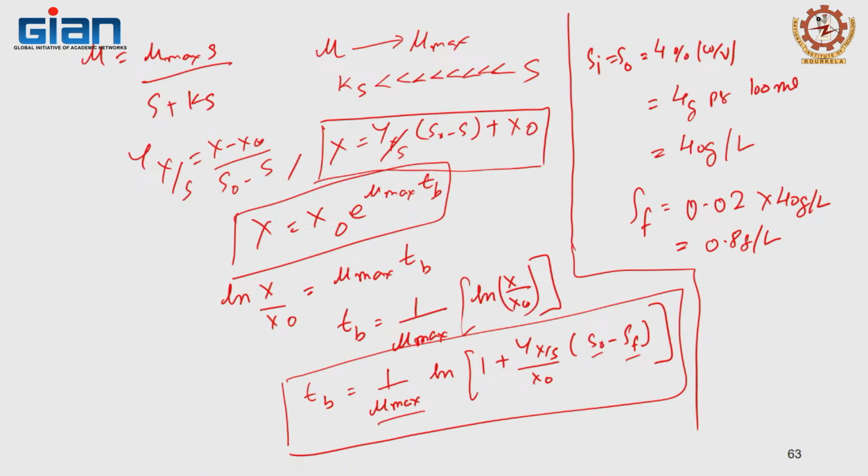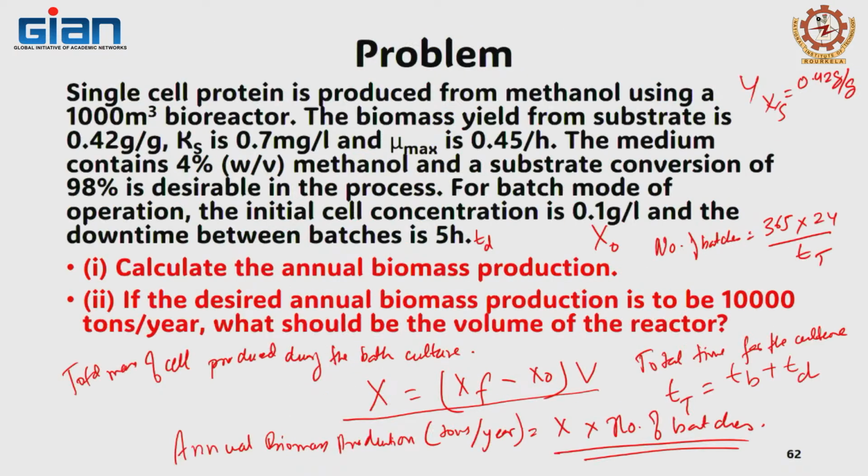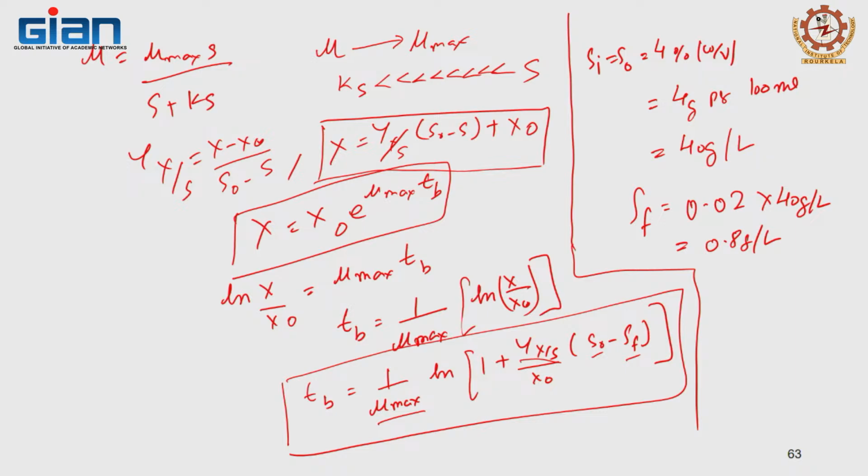So, I have my mu max, I have my Y x by S. Do I have my X naught? Initial cell concentration is 0.1 gram per liter. I have my X naught. So, once you put in all of those values, you will get your T B to be 11.35 hours.